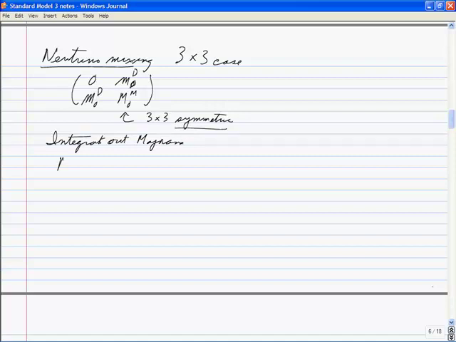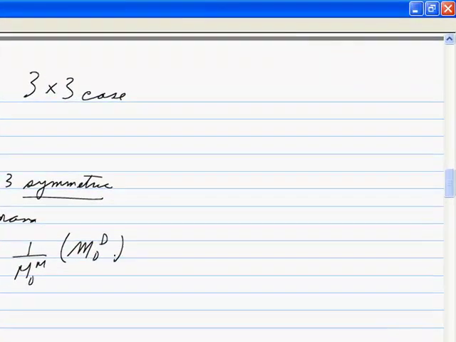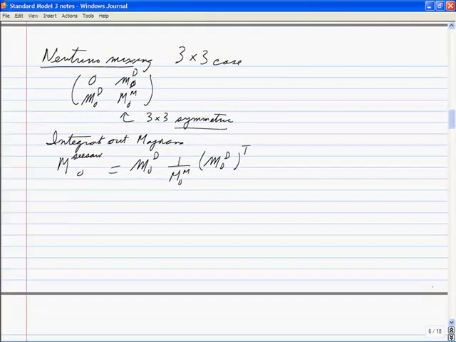You get M for the seesaw is M0 Dirac, 1 over M0 Majorana, M0 Dirac transposed.